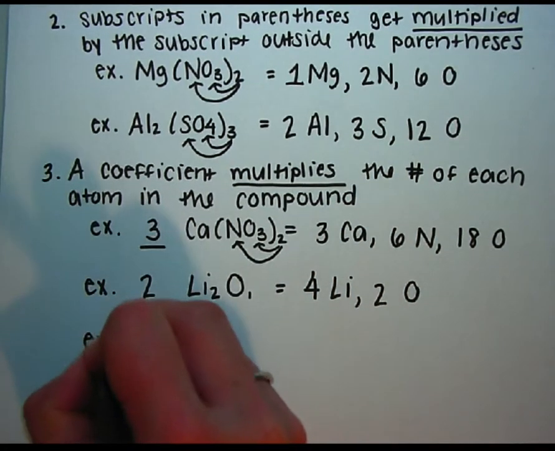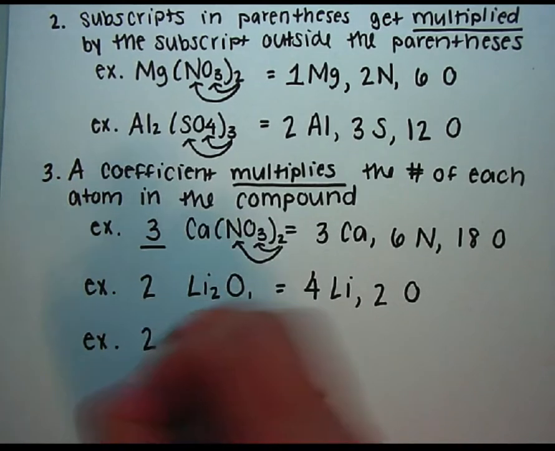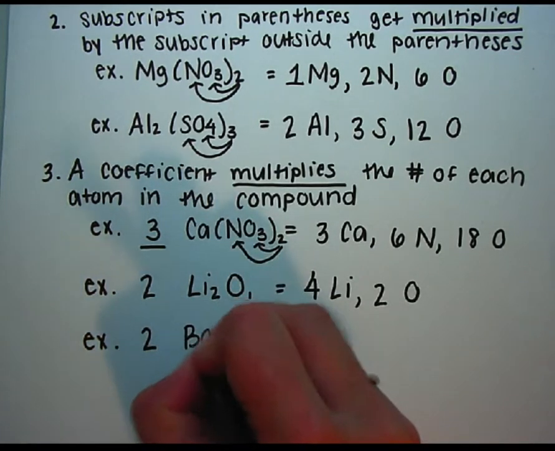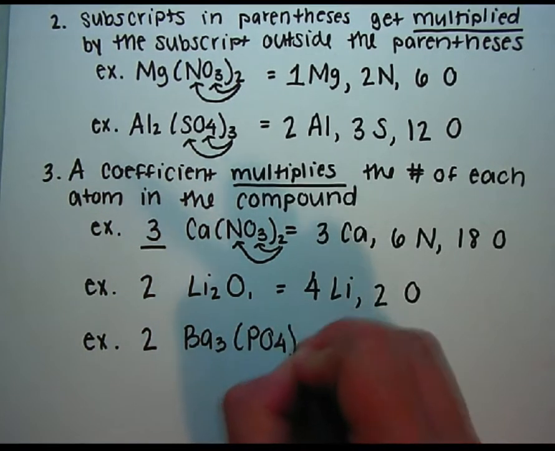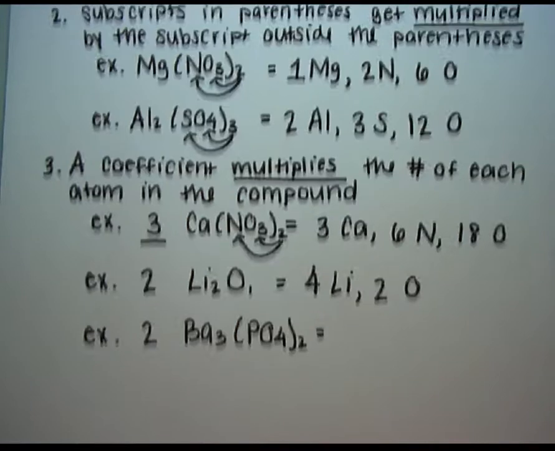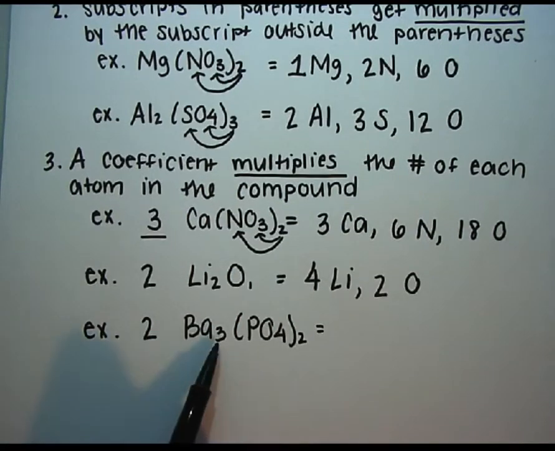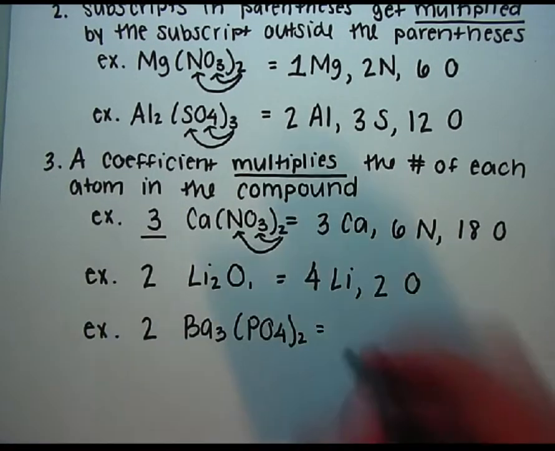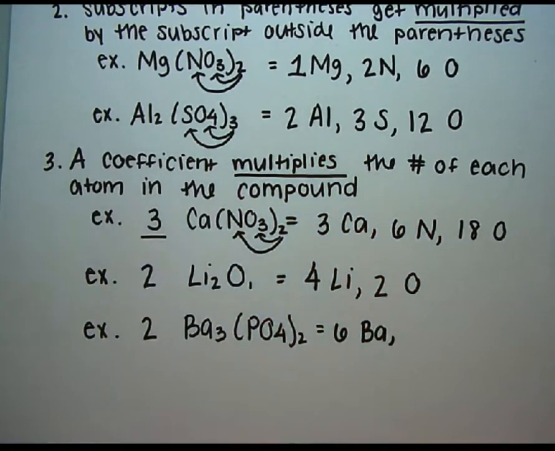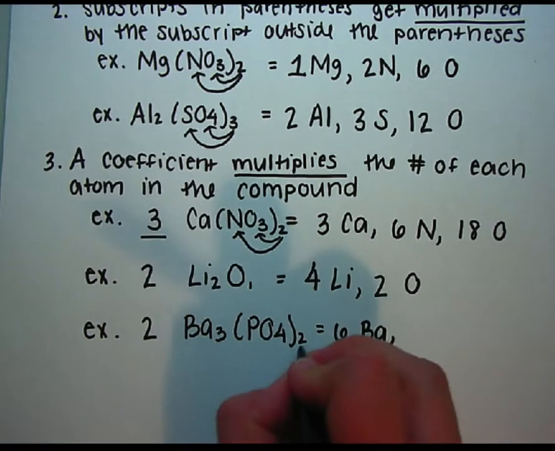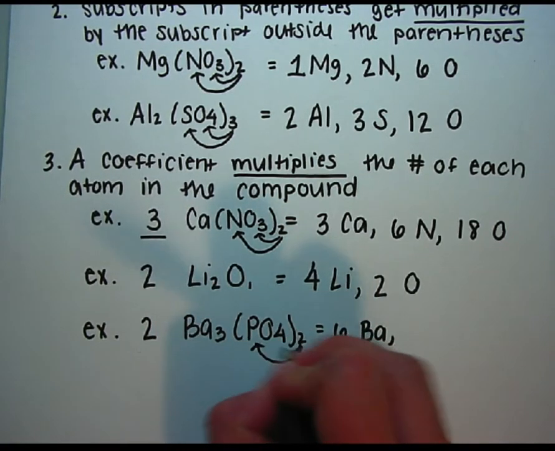Let's do one more with parentheses. 2 barium phosphate. The coefficient multiplies in. 2 times 3 gives me 6. First, distribute the 2.